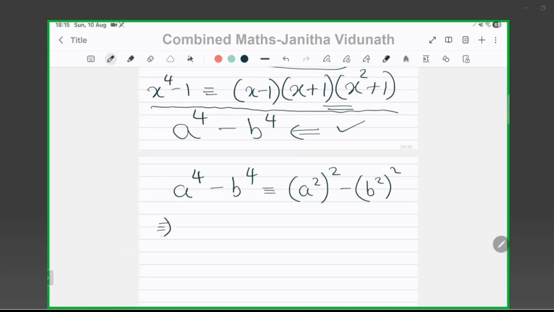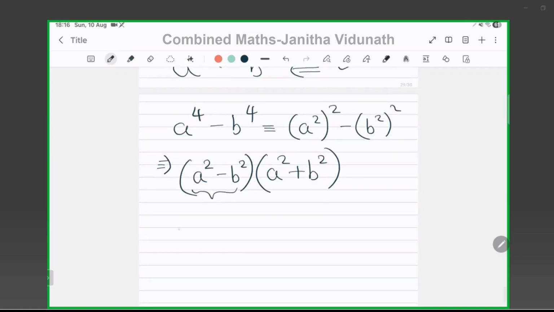Then we can factorize this as a square minus b square times a square plus b square. Then this can be further factorized using difference of squares. Then this can be written as a minus b, a plus b times a square plus b square.